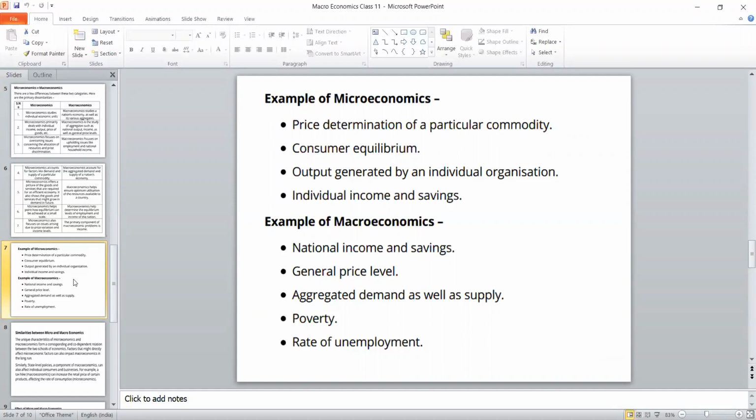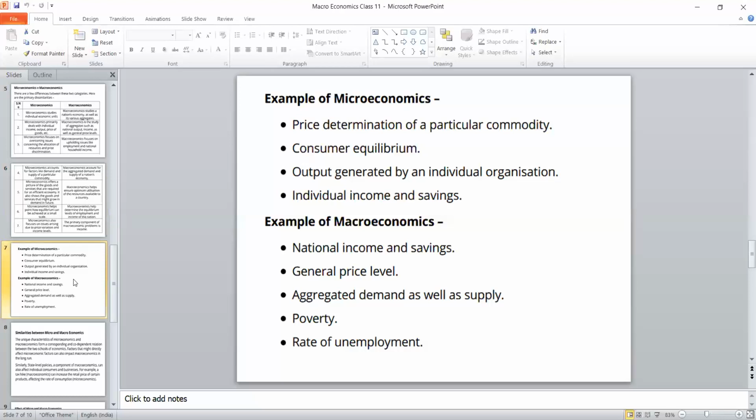What are the examples for macro? Suppose we talk about national income accounting, then it is macro. How the savings are converted into investment, how to frame the investment function, this is macro. Whenever we talk about the general price level or consumer price index or wholesale price index, whenever an index is used, then it is not a micro concept, it is a macro concept.